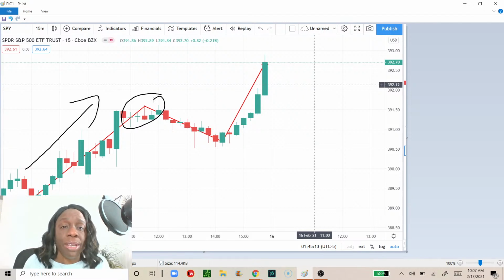I like to see green when I enter a trade, and I think most of us like to see green. Red is not a great color when you're trading, except if you short the markets, then you love red. But I tend to go long, meaning I'm looking to make money when price increases on any of my trades. So that's the very first thing. Always check your trend.